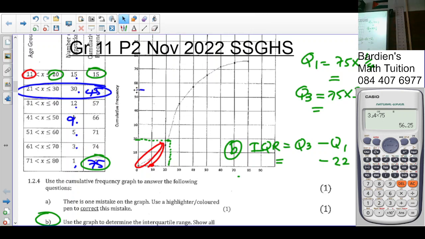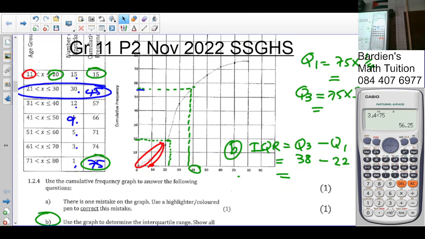So 56 is just above 55, but it's of course less than 60. Here, as you can see, there's a dot there. So I get approximately 38, is that correct? What did you guys get in the exam? 38. So it's around about that. 39 is acceptable, 37 also, and I think I've even accepted 36, if I'm not mistaken.